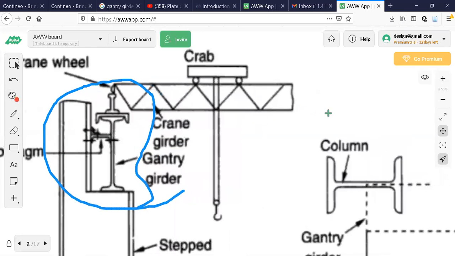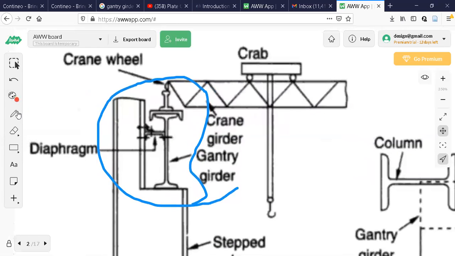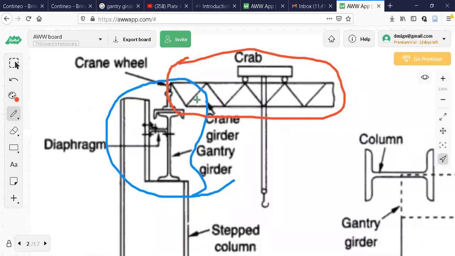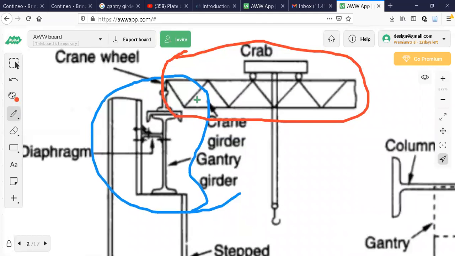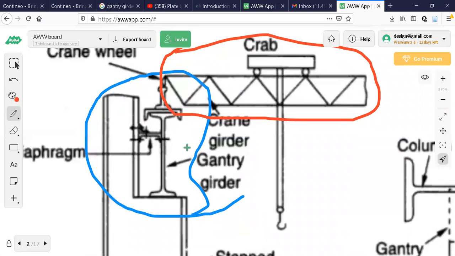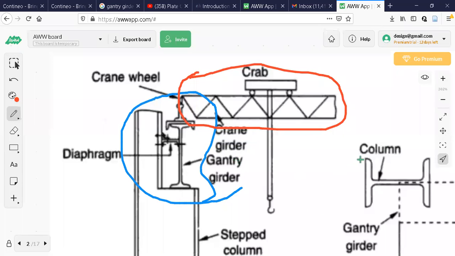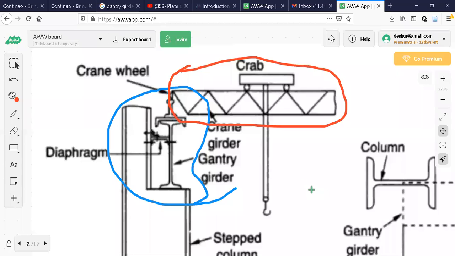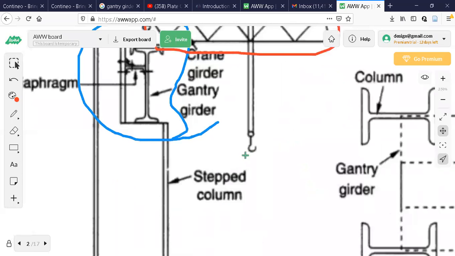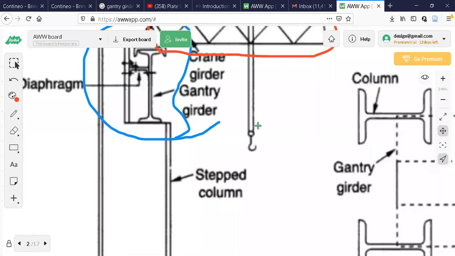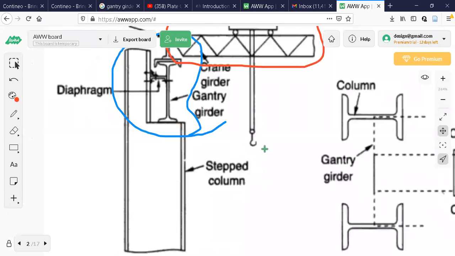The elevation of the crane girder I am able to see here. So this is your crane girder. Now observe this one here. Let us say the weight is hanging here, the heavy weight is hanging to this hook. So I will hang the heavy box here.